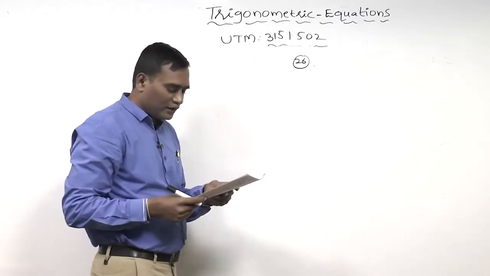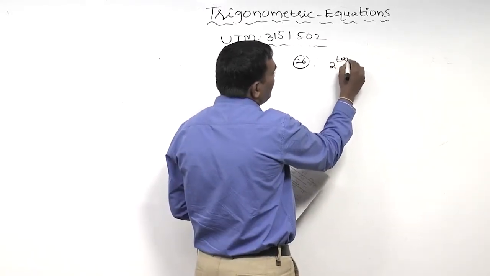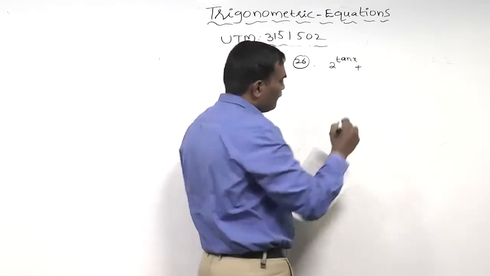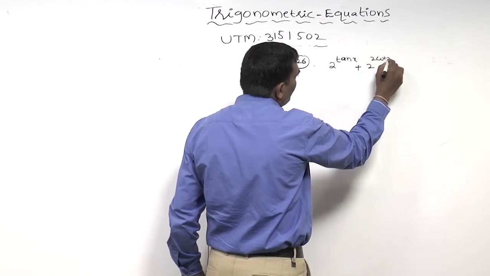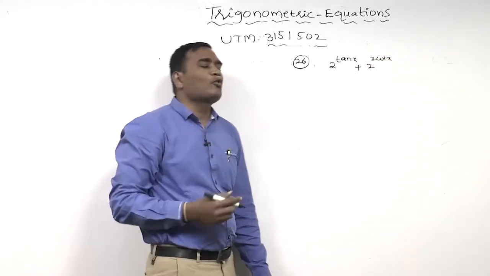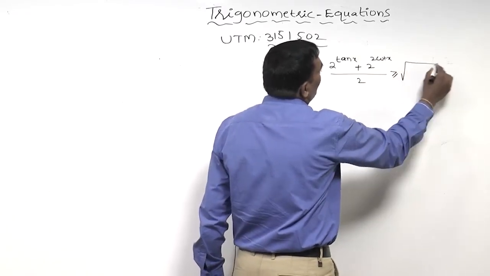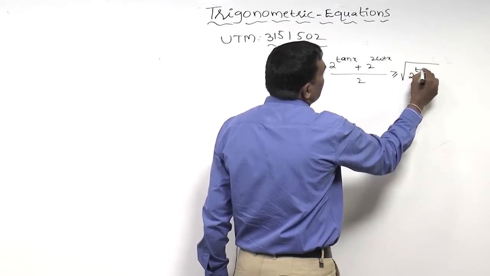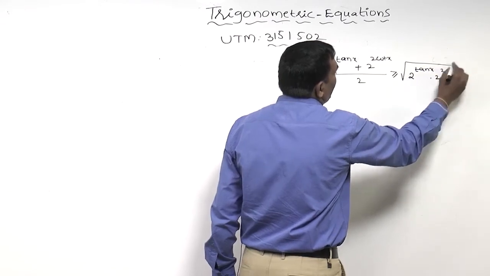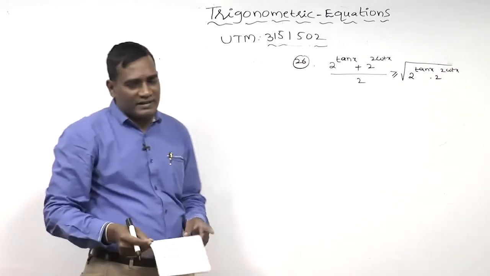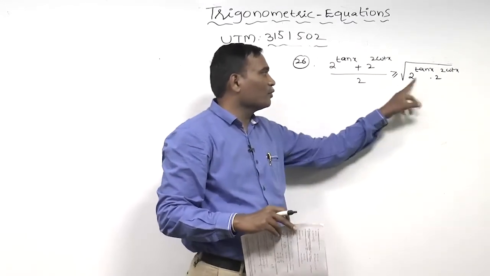AM is greater than or equal to GM. You write 2 power tan x, this is one term, plus 4 power cot x. We can write 4 as 2 square, so 2 power 2 cot x. So (2 power tan x plus 2 power 2 cot x) by 2 is greater than or equal to square root of 2 power tan x into 2 power 2 cot x. Here AM of a and b is a plus b by 2, GM is root ab.